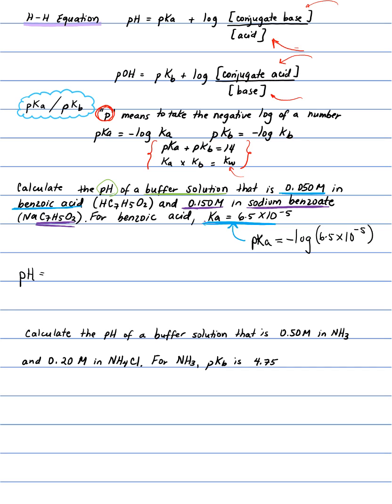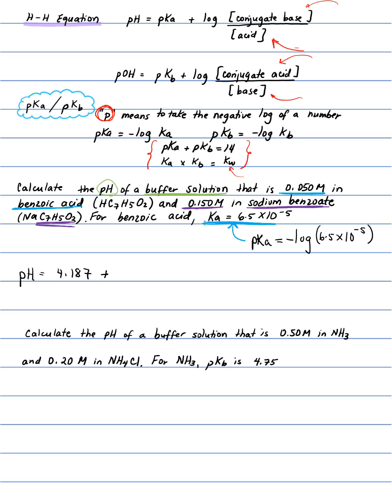So to get your pKa value, you're doing minus log of 6.5 times 10 to the minus 5. And that will be 4.187.